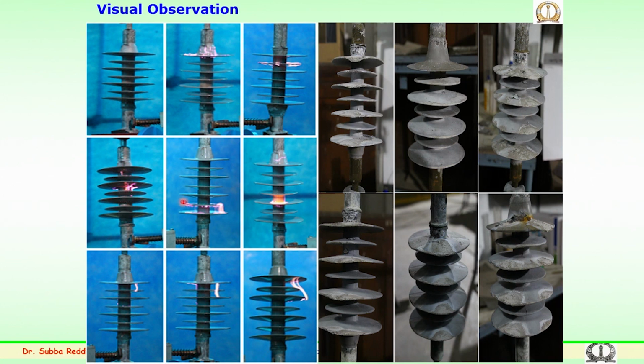Sometimes these scintillations happen near the second shed, sometimes near the third, sometimes shed to shed discharges are also seen. So, this activity is completely random in nature and depends on the salt, depends on the conductivity of the solution and depends upon the dry band, wet band formation during the dripping period, when it comes with the high voltage contact after the dripping period.